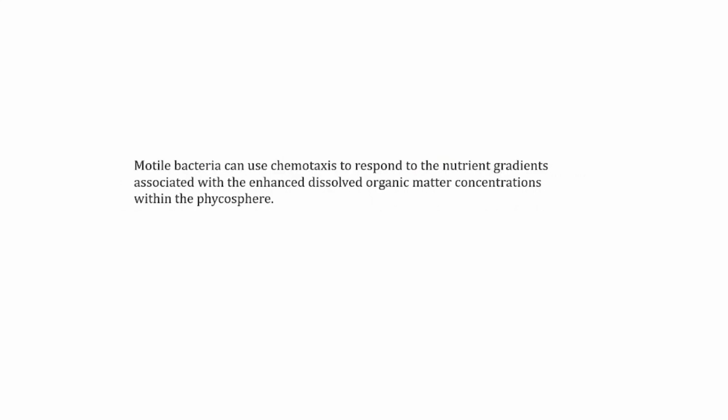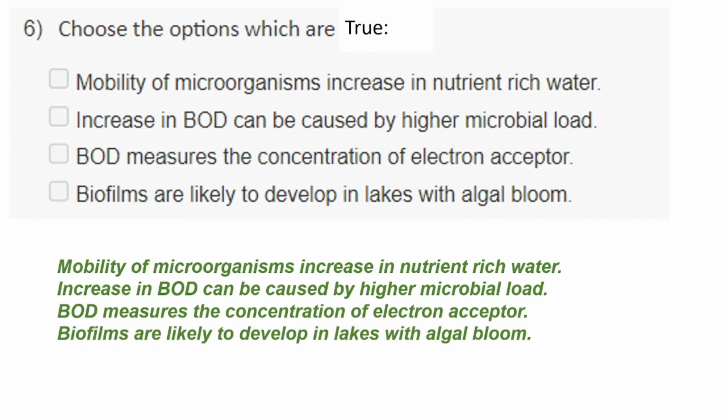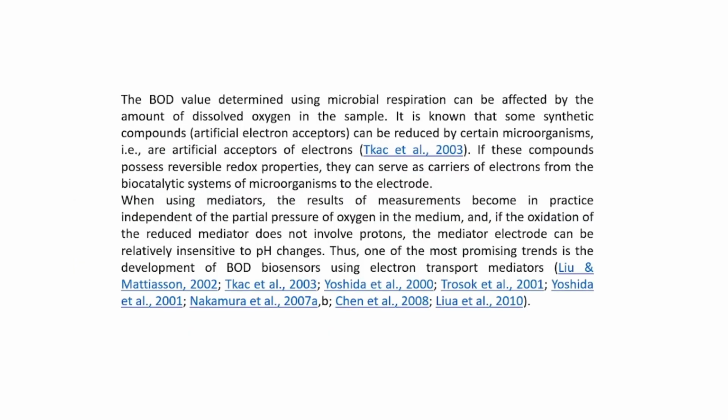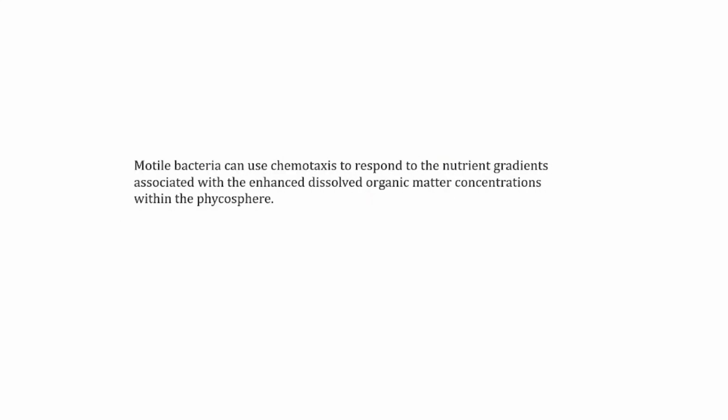So next, the other question was whether mobility of microorganisms increases in nutrient-rich water. As we know, motile bacteria can use the process known as chemotaxis, where they basically sense chemical signals to respond to the nutrient gradients associated with the enhanced dissolved organic matter concentrations within the phycosphere.